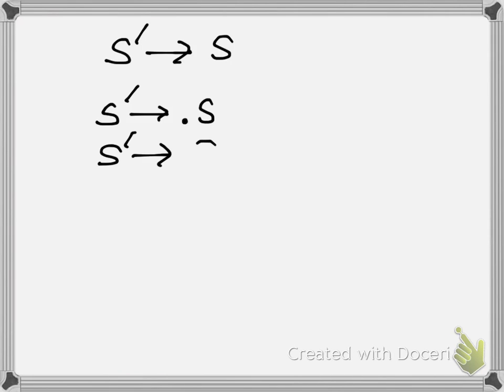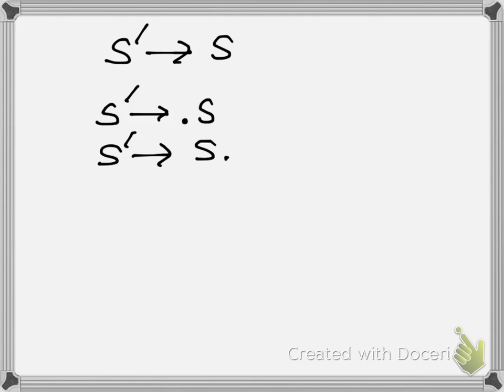Our augmented grammar had S dash derives S. The items for this particular production would be S dash derives dot S and S dash derives S dot.